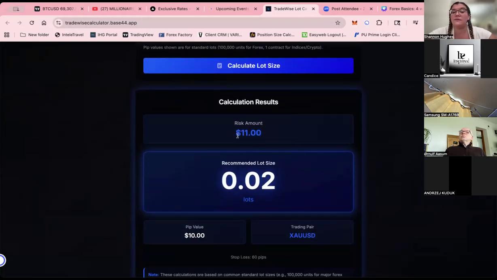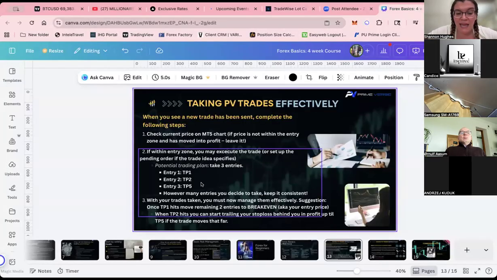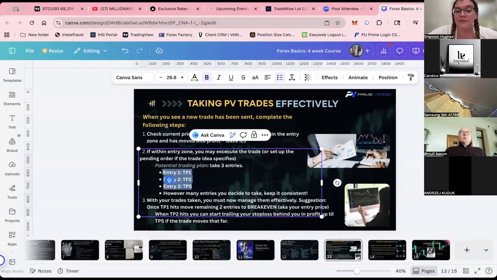This shows me my 2% risk on my $550 account is $11. So if this hits my stop loss, I know I'm losing $11. It also shows me I can safely risk a 0.02 lot size. Now what does this mean if we're taking 3 entries?